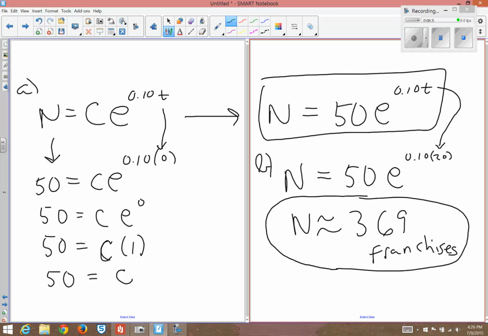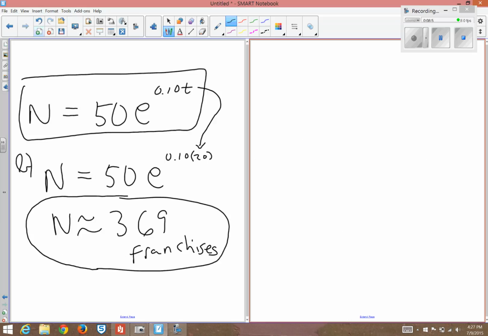Right, that's part B. Part C, in what period of time will the initial number of 50 franchises double? So here's the formula for the number of franchises.